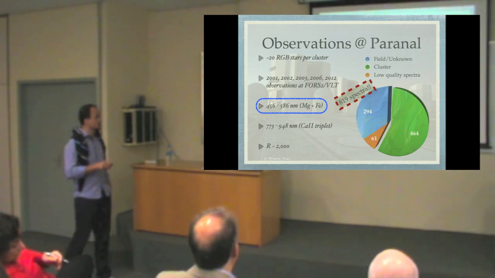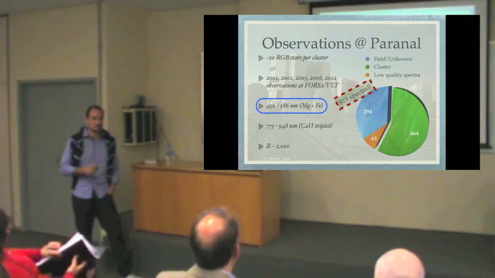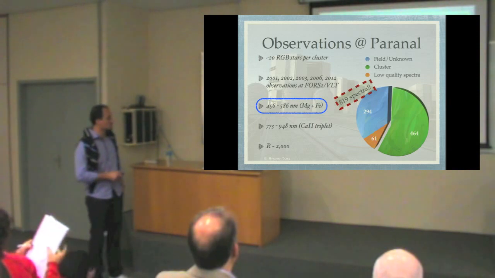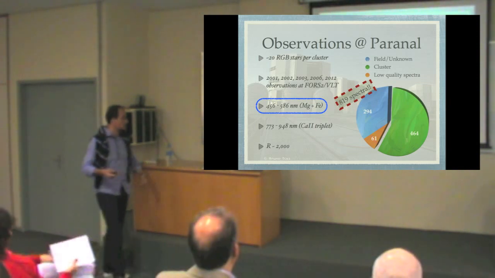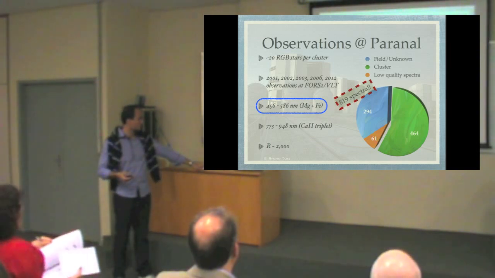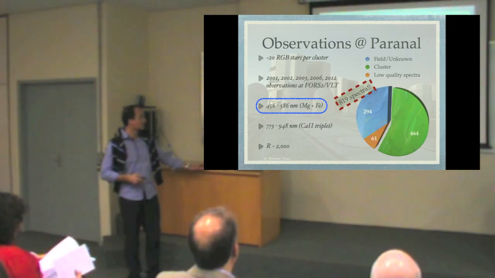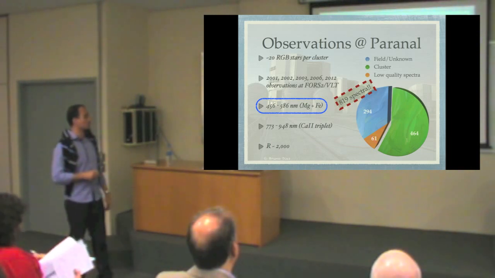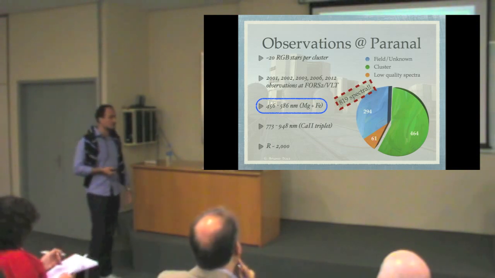In this thesis, I studied and analyzed the whole set of spectra for the 51 clusters. And this other set of spectra was analyzed by our group. There is a paper from 2012, and the other one is being prepared. And here are some statistics: the total sample of spectra is more than 800.